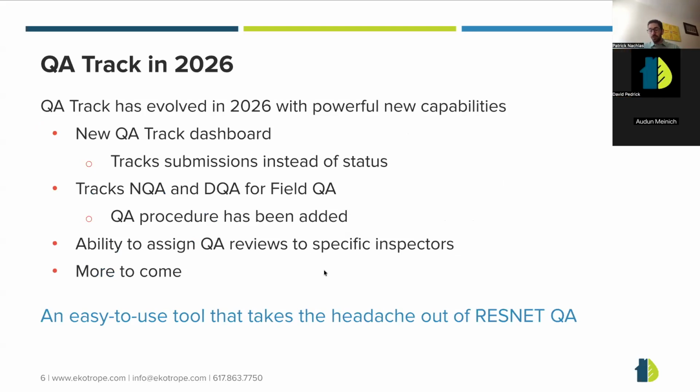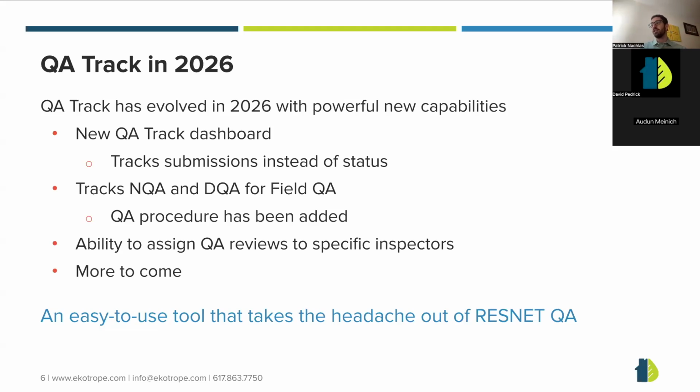To drill down even further, there have been a number of updates in 2026. Some very specific updates we've done this year: there is a new QA Track dashboard with the addition of the NQA and the DQA. We've refactored how the dashboard works. We track NQA and DQA. The file QA process has remained pretty similar to what it has been.